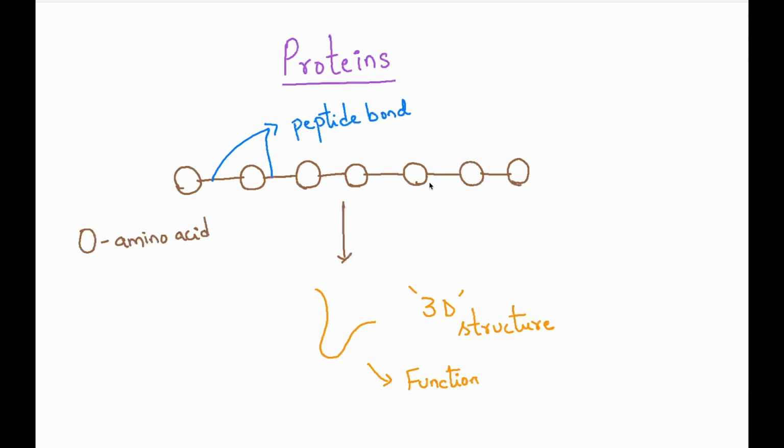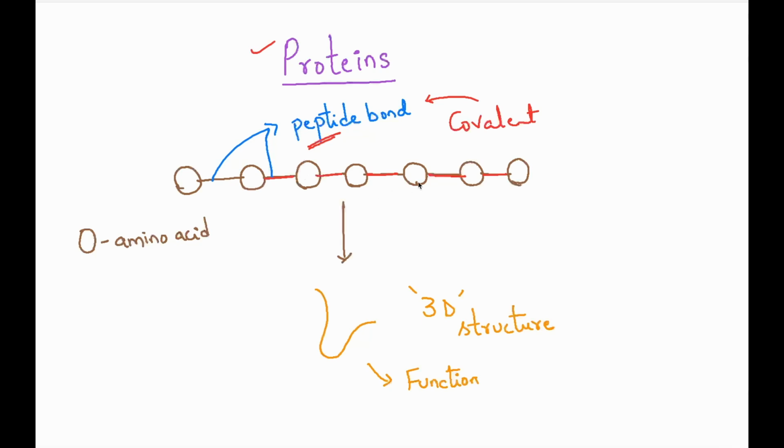All the essential and non-essential amino acids are together required to produce proteins. Individual amino acids, which are the building blocks of proteins, are joined together by a covalent bond called a peptide bond. So we have peptide bonds here that connect each amino acid with the surrounding amino acid.